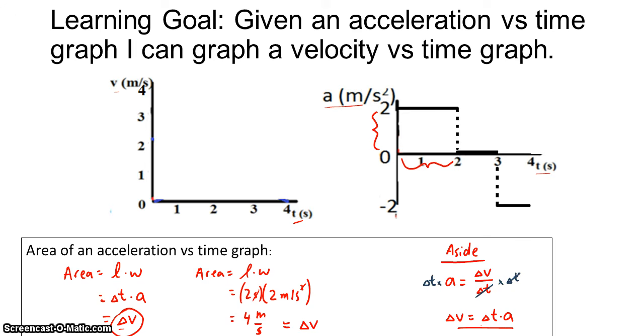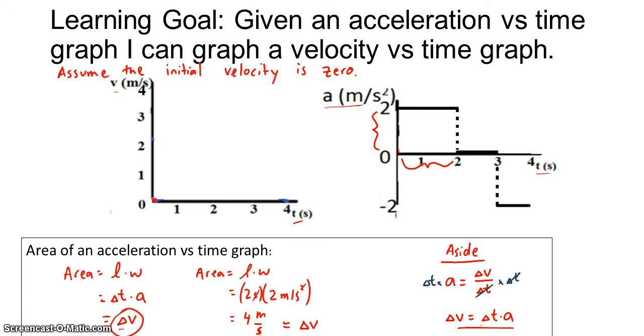For these graphs, we're going to assume, or it would have to tell you, what the velocity starts with. So for this graph, let's add on to the question, assume the initial velocity is 0.